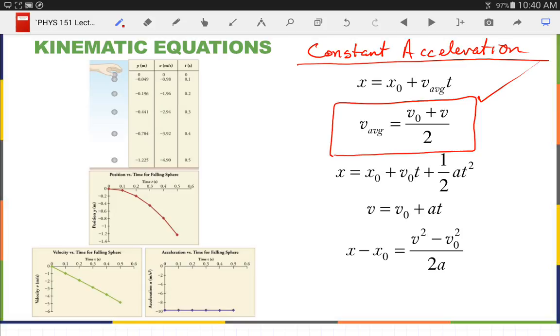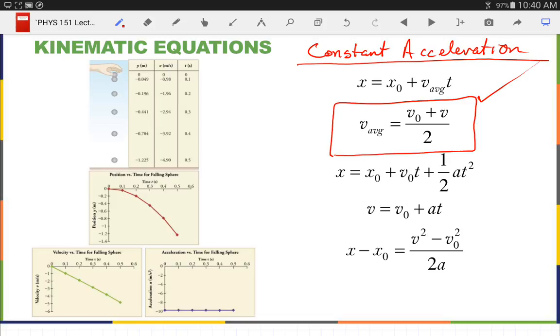This was taking the average between the beginning and the ending speeds. The V0 was the starting speed, the V was the ending speed. Taking the average between the beginning and ending, assuming that the speed was changing at a constant rate. What do we call the rate at which speed is changing? The acceleration. So that was assuming constant acceleration.